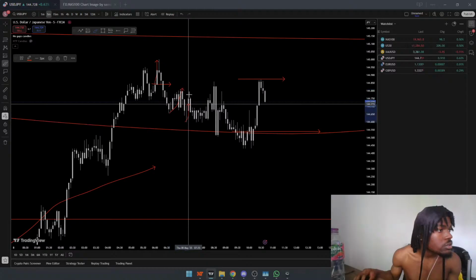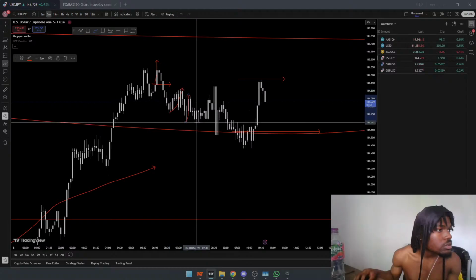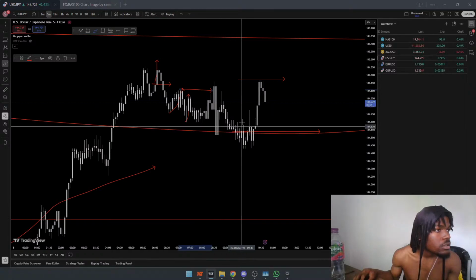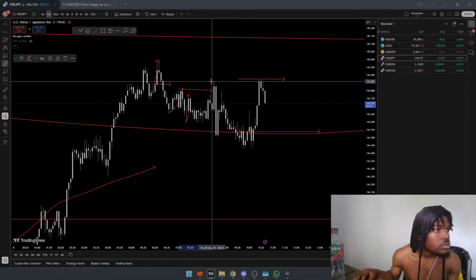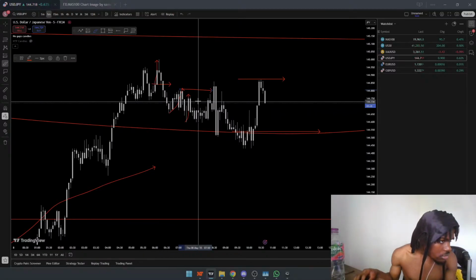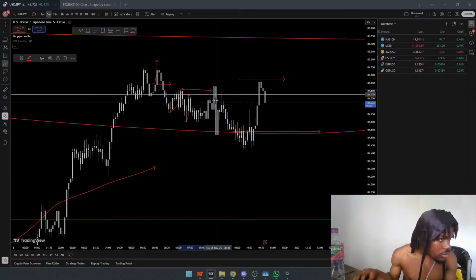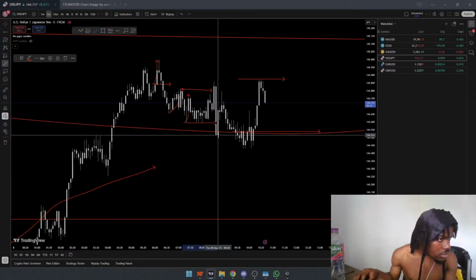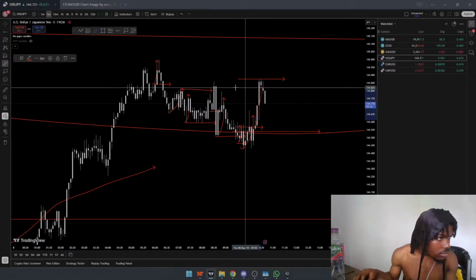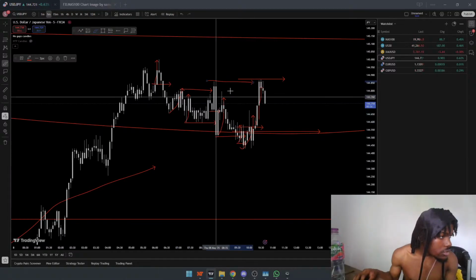And we start over again, one, two. Saw the liquidation again. Saw the initiation there, saw the liquidation of the first pullback, second pullback. So obviously this is just ranging.